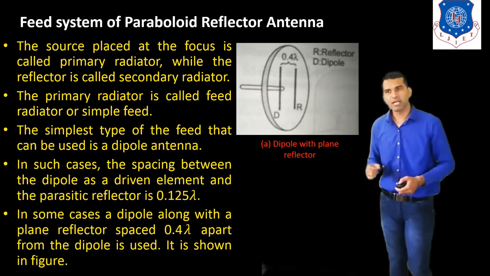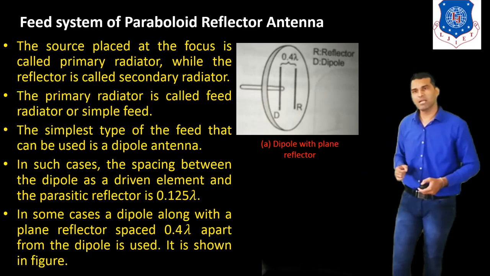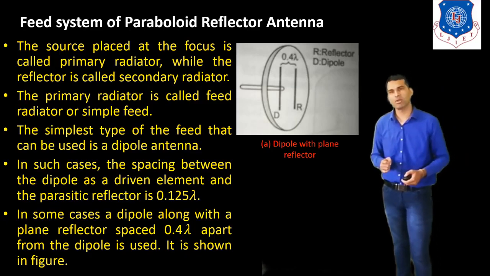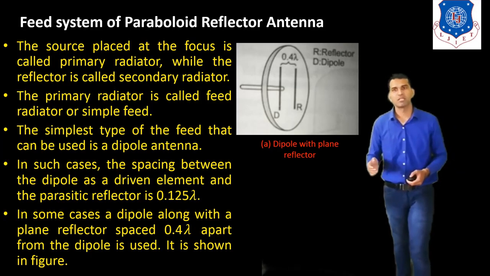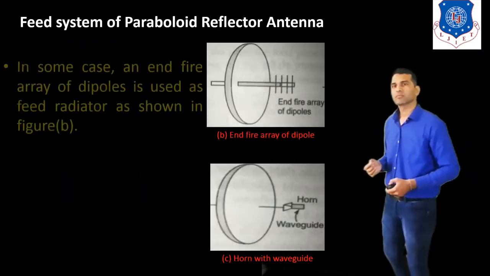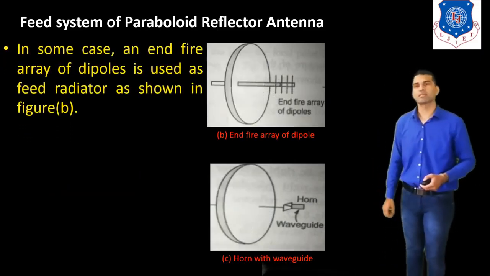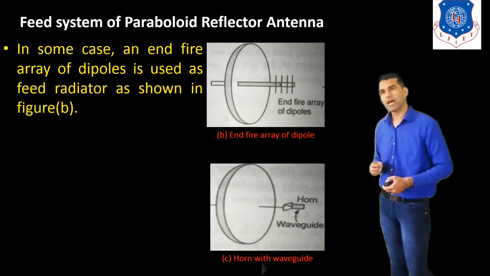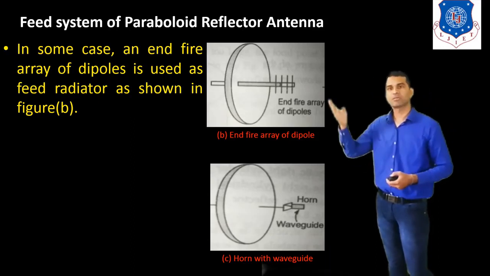In some cases, a dipole along with a plane reflector spaced 0.4 λ apart from the dipole is also used, as shown in this figure. In some cases, an end-fire array of dipoles is used as a feed radiator, as shown in this figure.